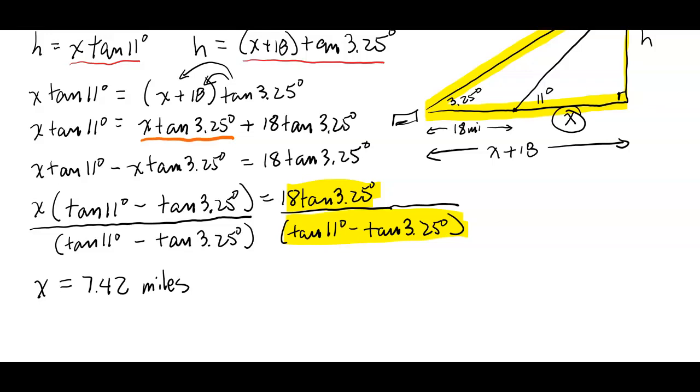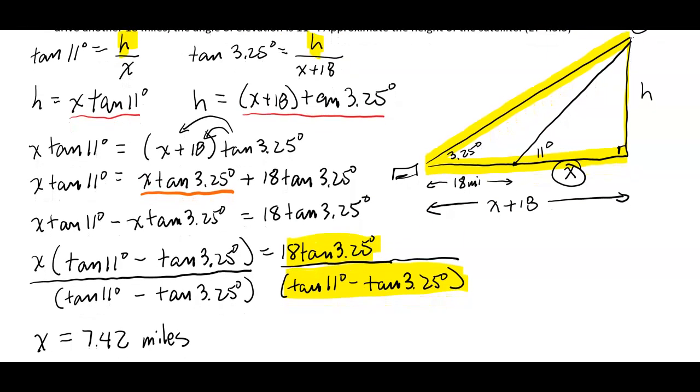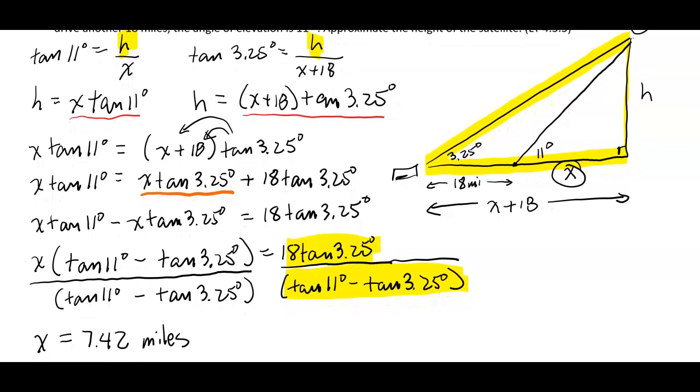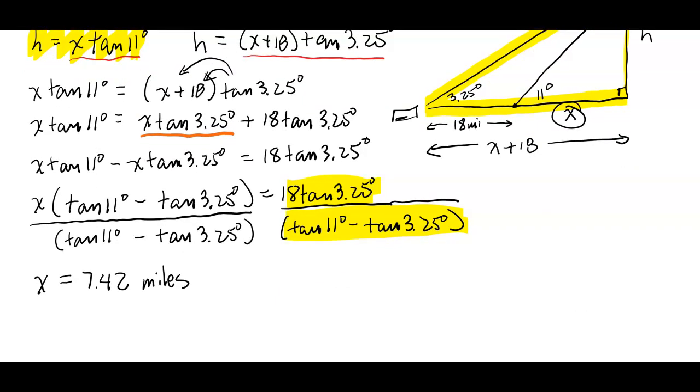And once we have x, we can plug that back into either of our equations back at the top to find h. I'm just going to plug it back in here to find h, so x tan 11.